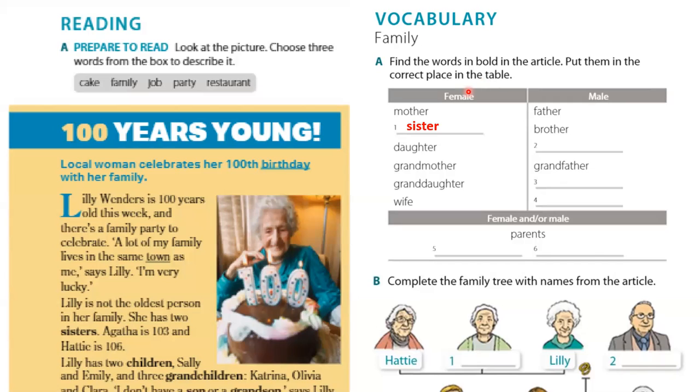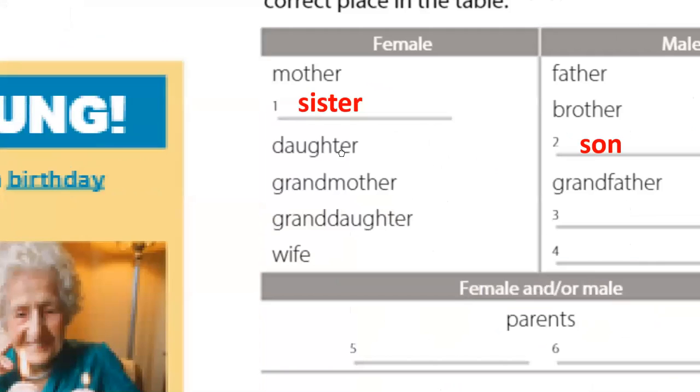All right, let's check the answers now. Well, if in female it is daughter, then in male it is son. Remember, we said that daughter in Spanish is hija, and hijo in English is son. Very careful.